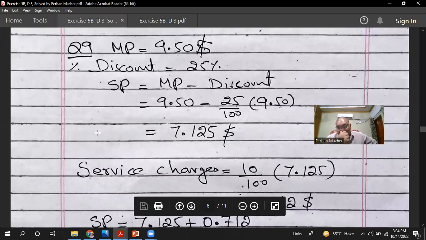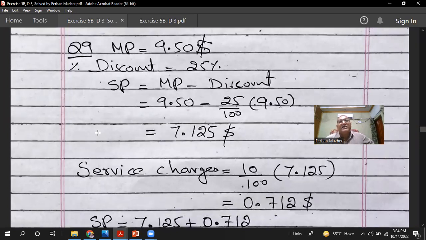The mark price of that plate of rice was $9.50. The restaurant gave you a discount of 25%. So what will be the sale price? That sale price will be mark price minus the discount. So 9.50 minus 25 divided by 100 multiplied by 9.50 equals $7.125.